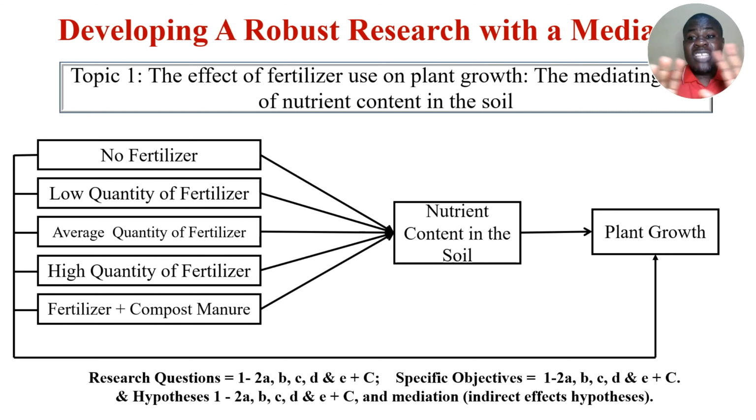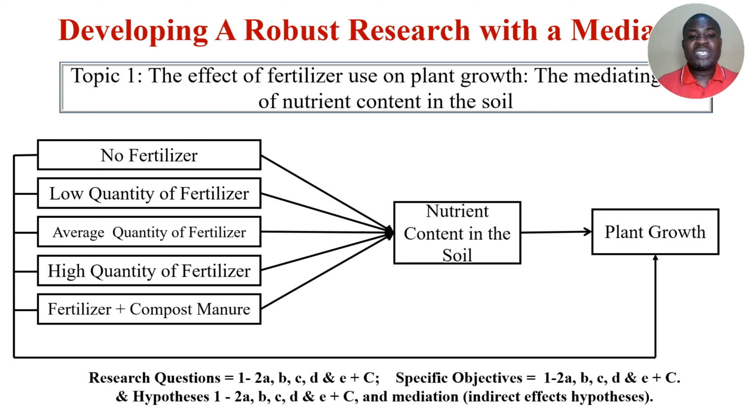So the concept of mediation, according to Baron and Kenny 1986, states clearly that for a mediation to take place, the independent variable should be able to predict the dependent variable, and the independent variable also should be able to predict the mediator variable, and then the mediator variable should be able to predict the dependent variable.